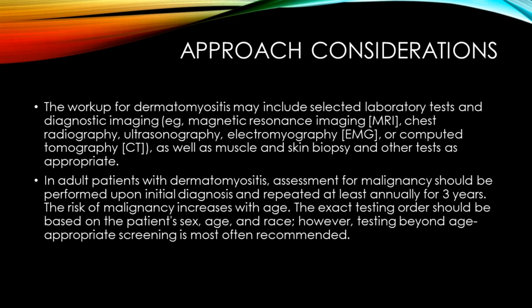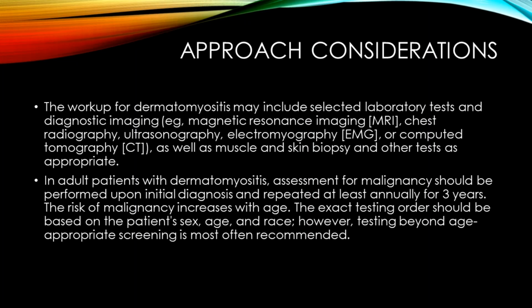As we see in table 1, the classification criteria, we have some approach considerations. When people come to us with muscle weakness, the workup for us is selected laboratory tests, diagnostic imaging, for example, magnetic resonance imaging, chest radiography, ultrasonography, electromyography, or computed tomography, as well as muscle and skin biopsy and other tests as appropriate.